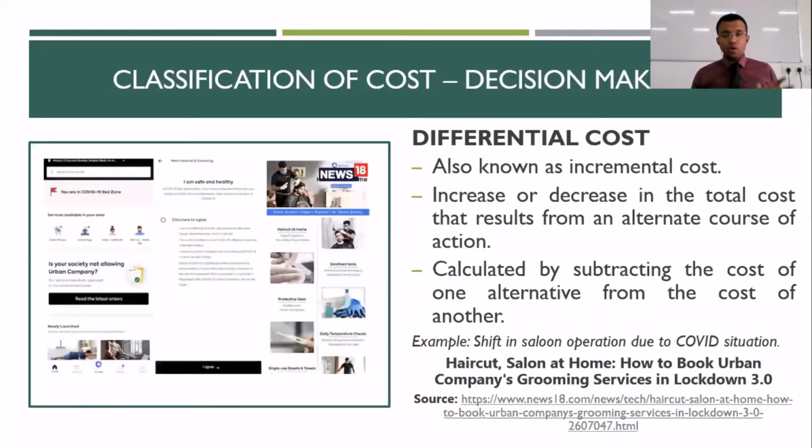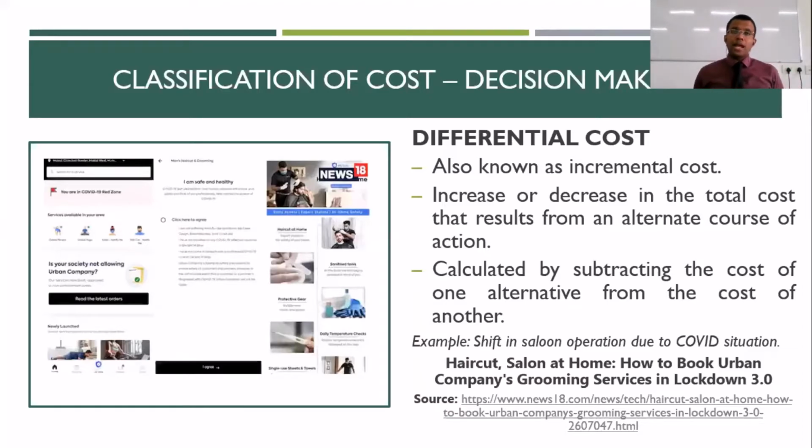Until now, you were doing things in a specific manner. You decide to change your track, you decide to do things differently right now. Because of that, there is a change in your cost. That change in cost is what is called differential cost.